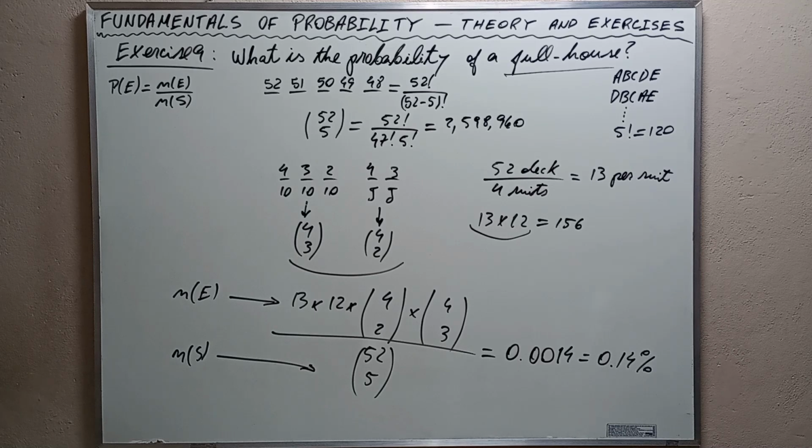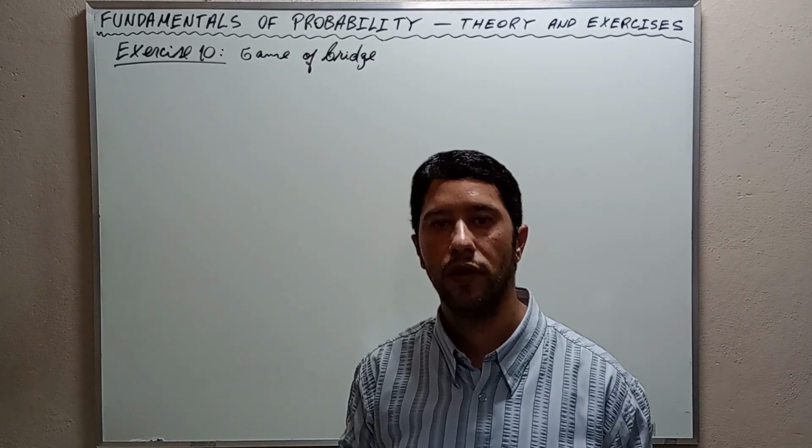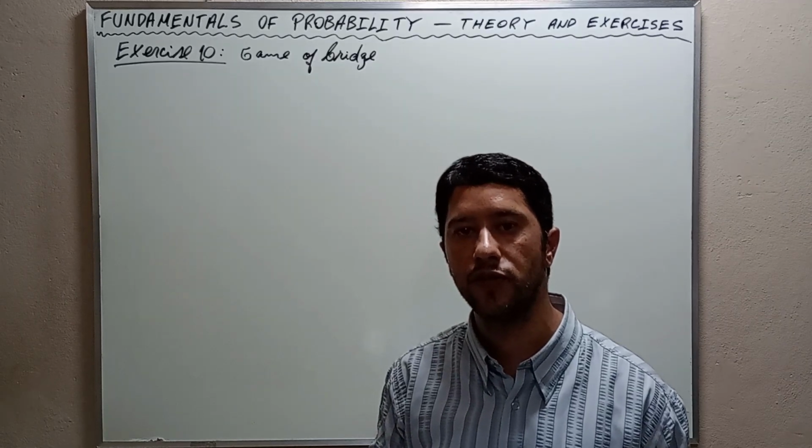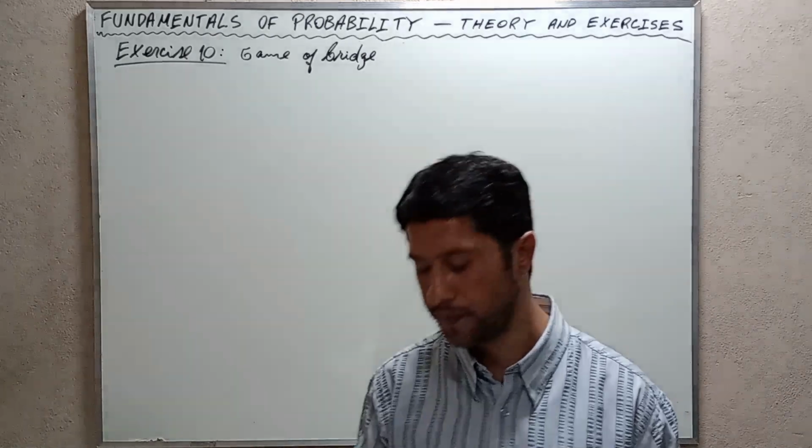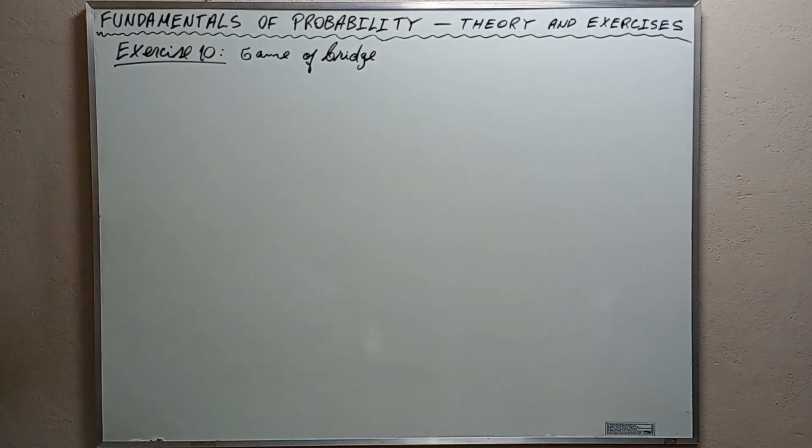All right, my friends, this is all for exercise 9. Let's go to exercise 10. Let's go to the last exercise, my friends, and discuss the game of bridge. In the game of bridge, the entire deck of 52 cards is dealt out to 4 players.